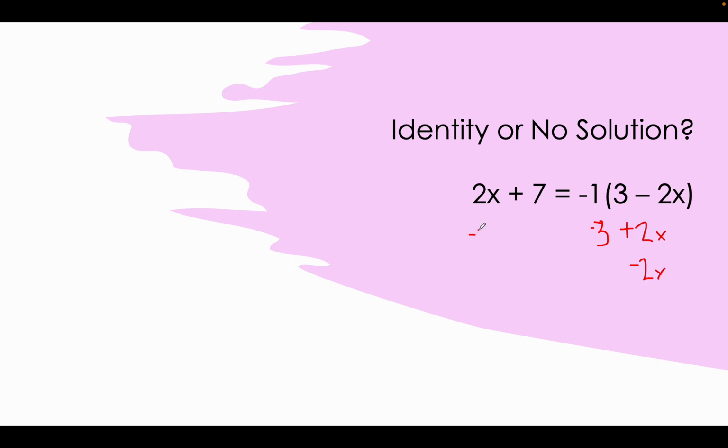Uh-oh. Do you see it already? We just got rid of our x term by doing that. So now there's no x, and we have 7 equals -3, and that is not true. So there's no solution to this problem. Alrighty, get after it.